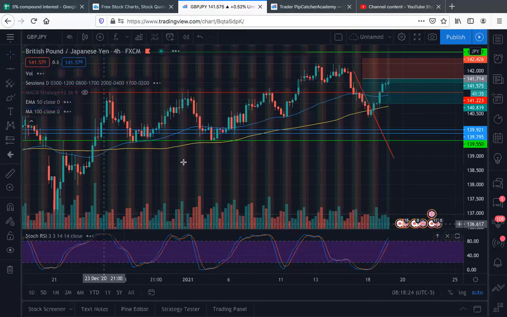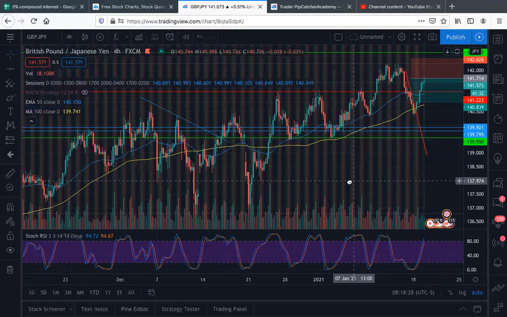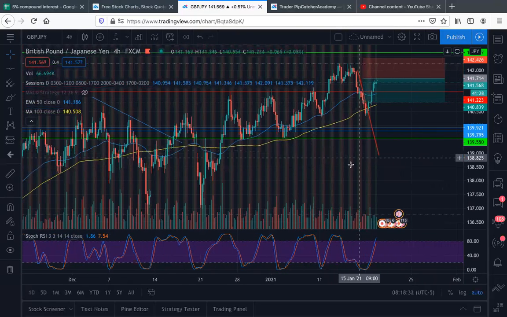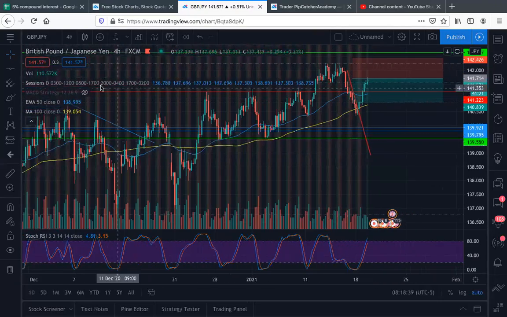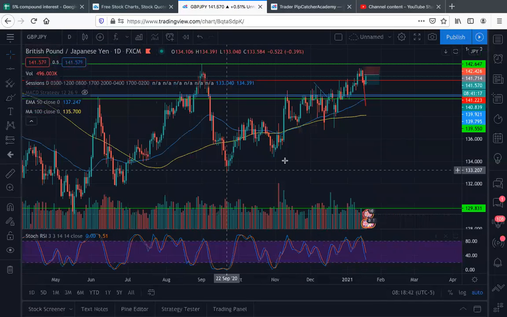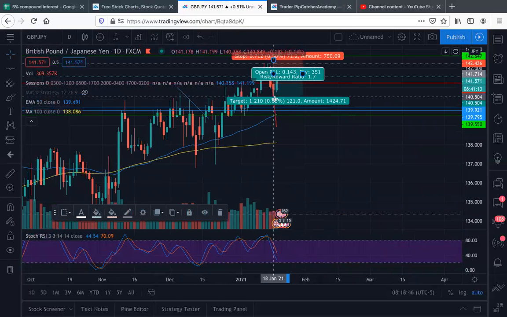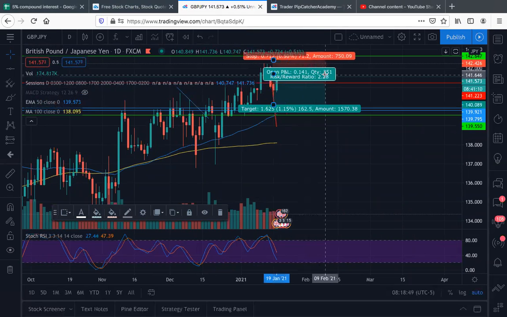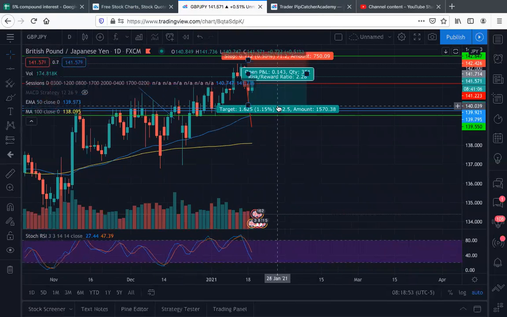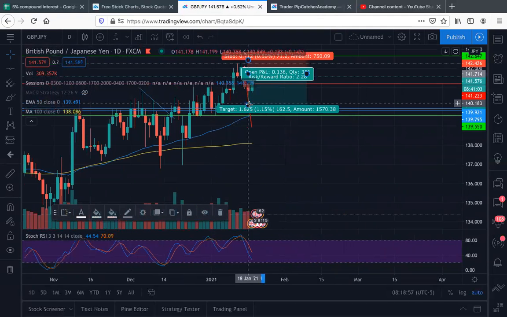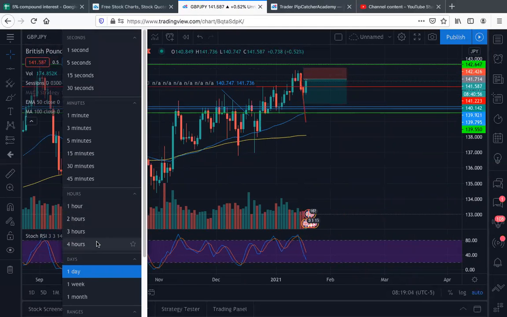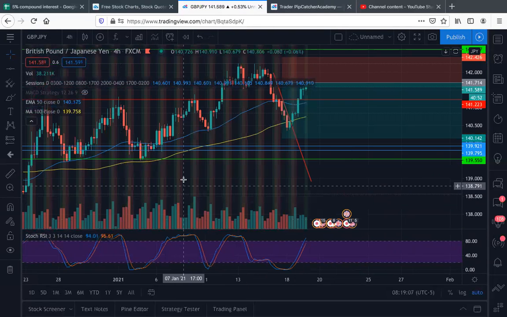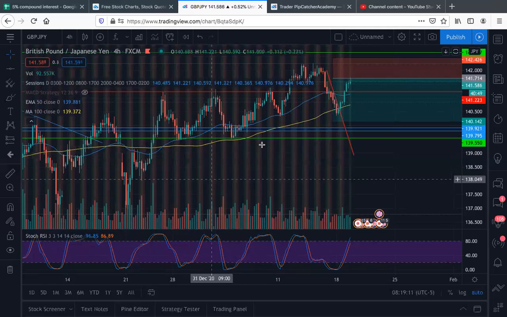Go to the 4 hour. 165 pips. Want to get out that big of a move, which is around this area of consolidation.